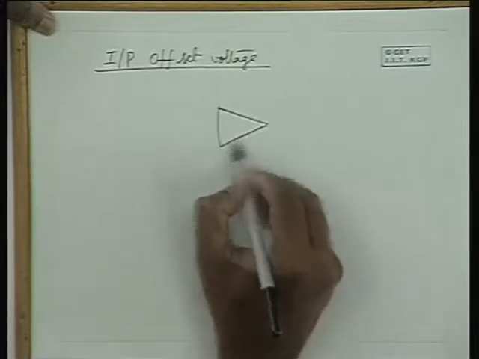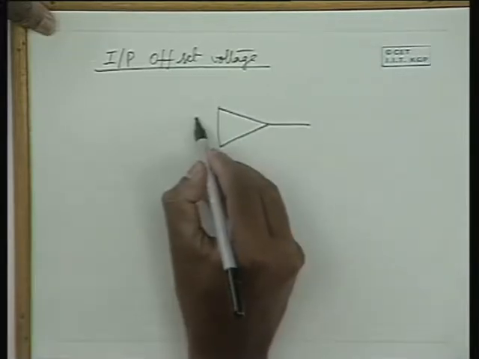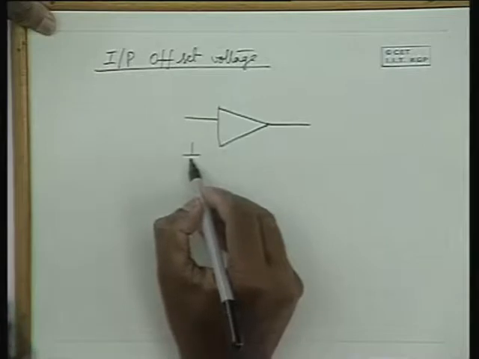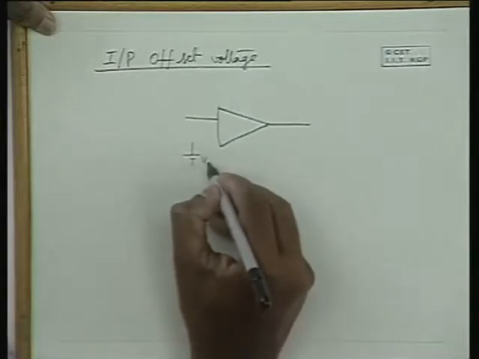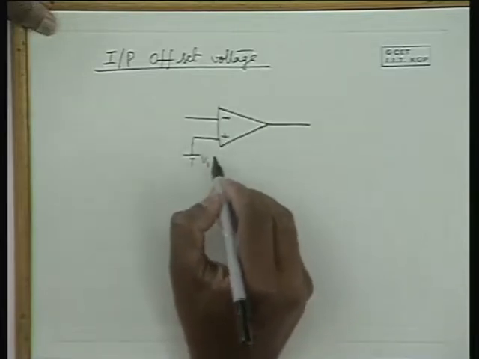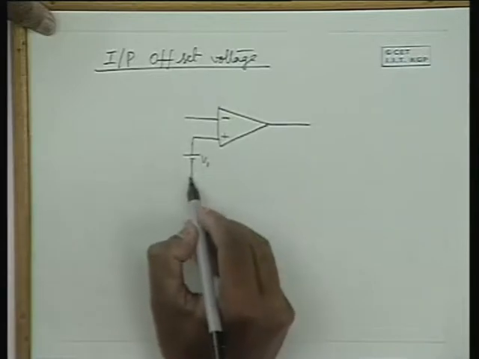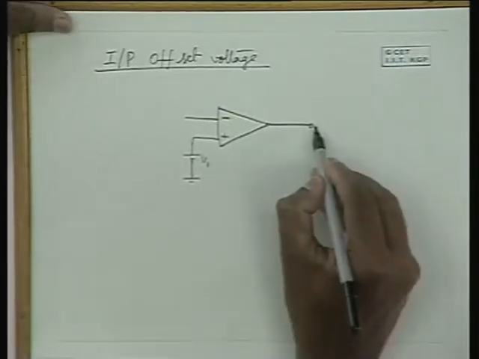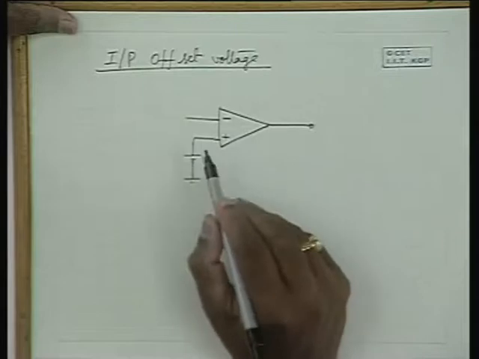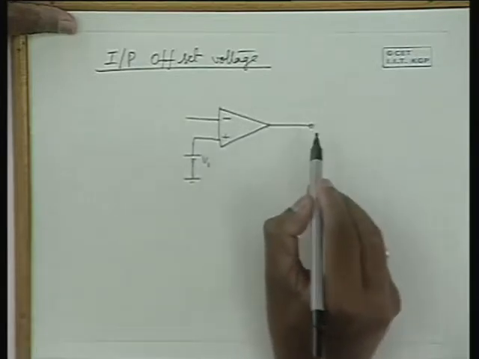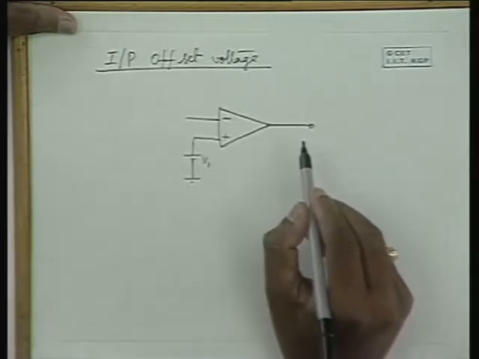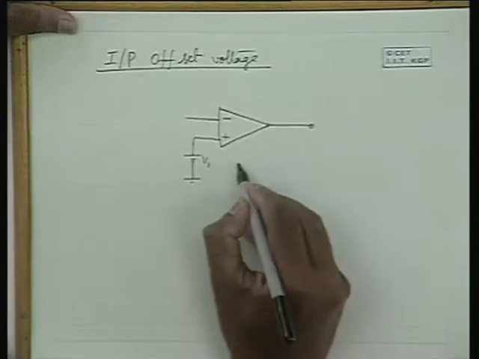For the output to be 0, you may have to apply some input voltage to make the output voltage equal to 0. That means that voltage which is required to be connected at the input to properly balance the amplifier is known as the input offset voltage. It is of the order of a millivolt.